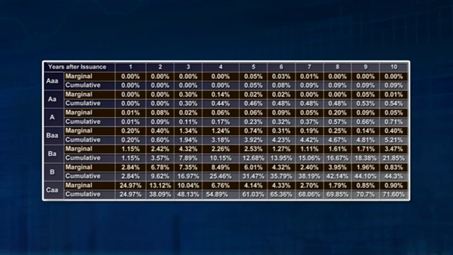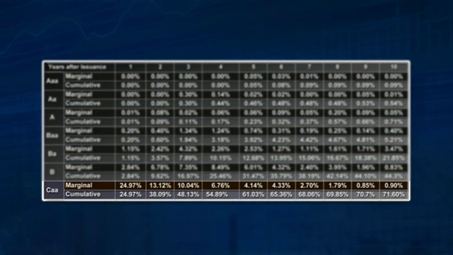This simply reflects that it's more likely to have more defaults the longer we wait. What may not be obvious is how the marginal probabilities of default change over time given the differences in default ratings. Let's compare BAA firms with CAA firms.